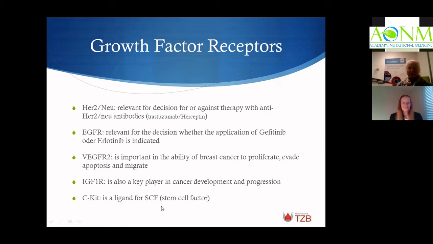And c-KIT is also a growth factor receptor, which is typically expressed on stem cells.